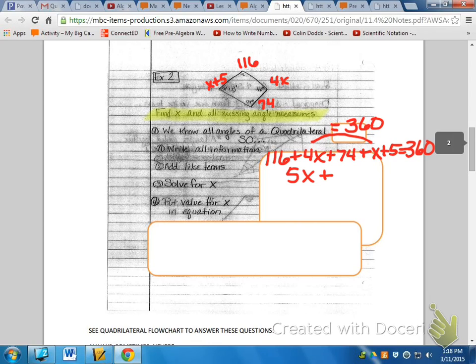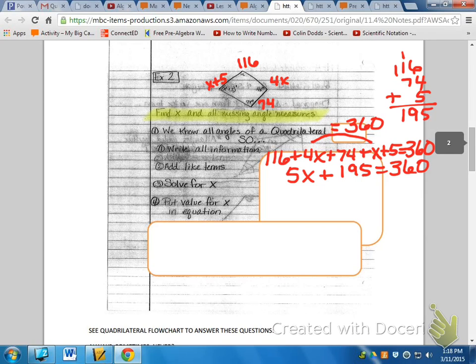Then if I add 116, 74, and 5, what would that be? 195. So 5x plus 195 equals 360.